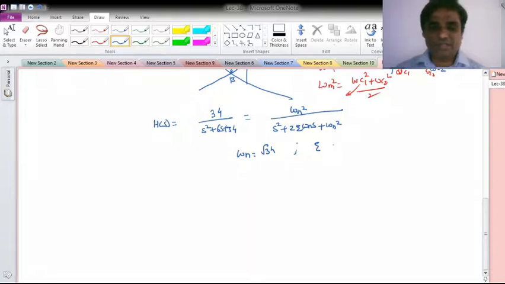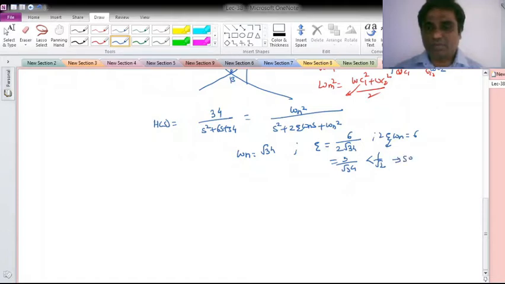If zeta is less than 1 by root 2, then only there will be peaking, otherwise it's of no use for me. So what is zeta? 2 zeta omega n is 6, so zeta will be 6 divided by 2 times omega n, which is 3 by root 34, and obviously this is less than 1 by root 2.